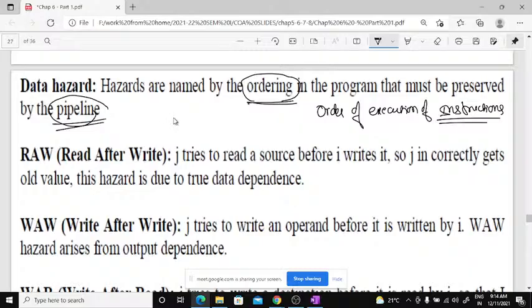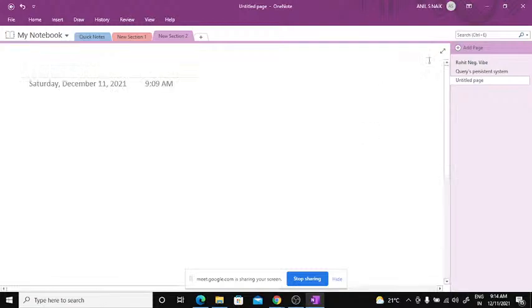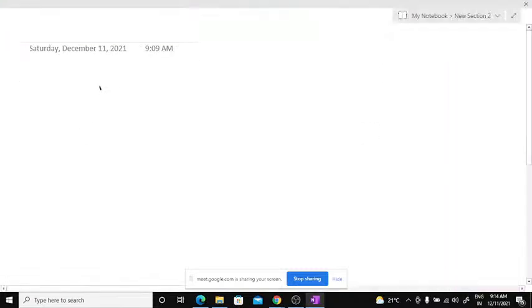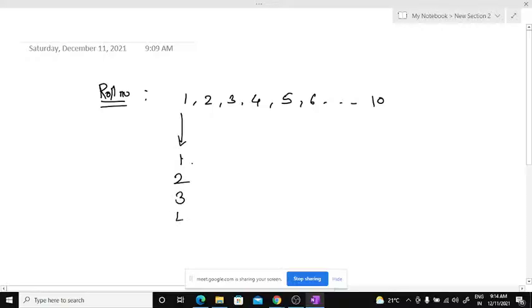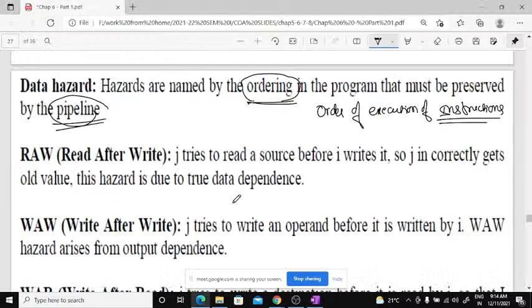For example, with your roll numbers, suppose I call 1 2 3 4 5 6, first roll number 1 should come, after that roll number 2, 3, 4. One by one, then only we'll get correct results. So here, it is based upon the hazard that occurs.